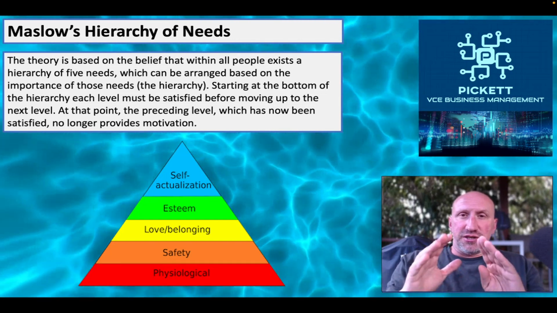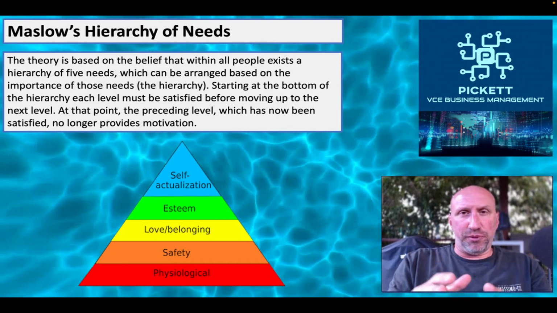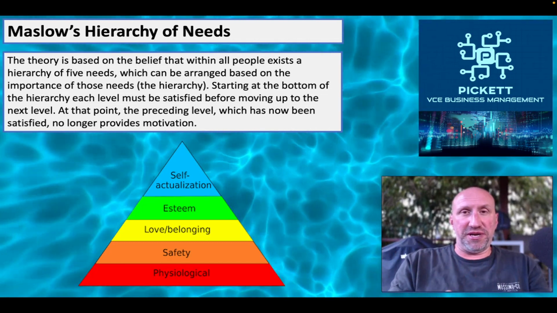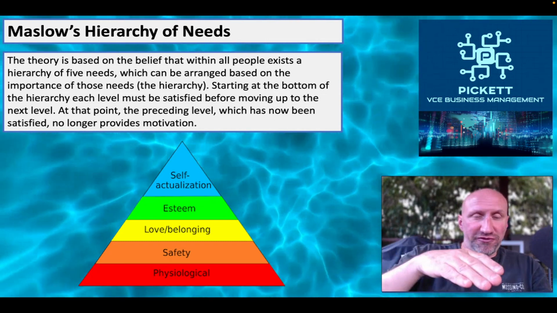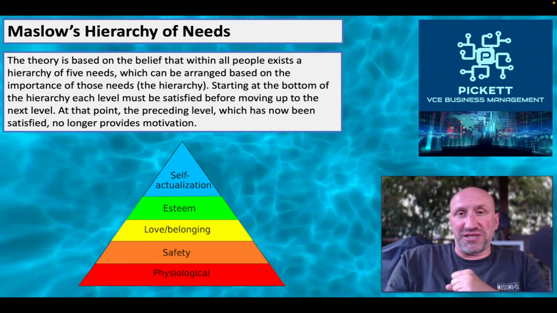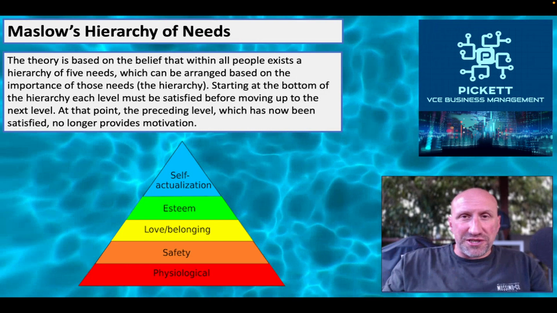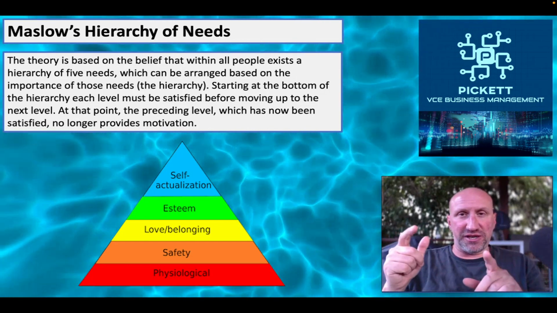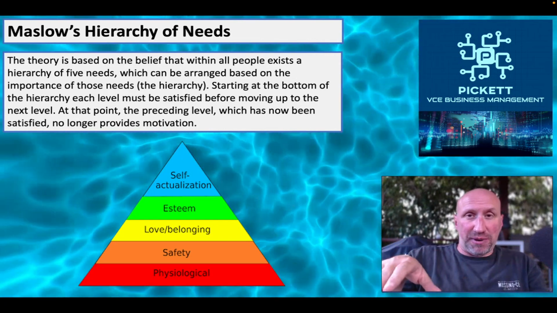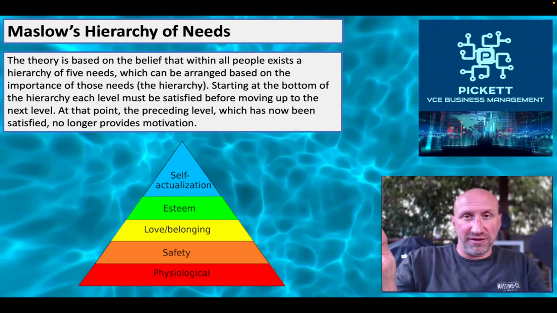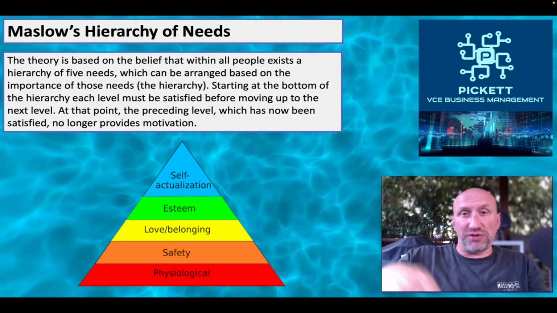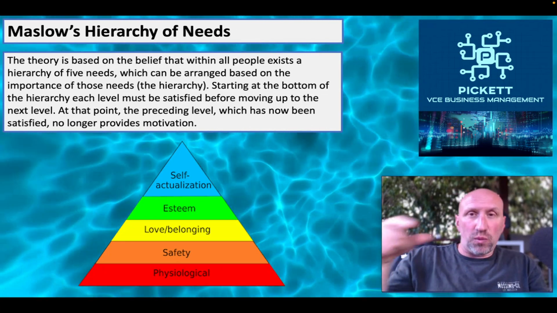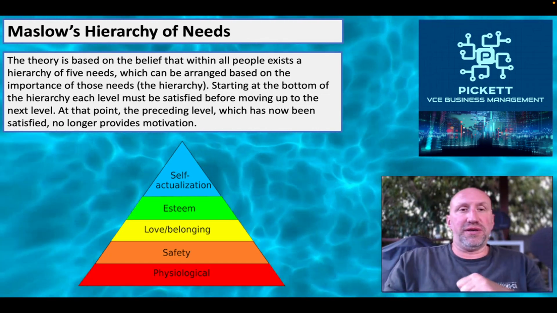So think about that. It's really important that you get this idea that it's a pyramid. You start at the bottom and you move through in the order that you see there. Once you've satisfied one level, that level no longer motivates you, and the very next level above it becomes your main motivator. Once you've satisfied that level, it no longer motivates you, and the one above does, and you move through like that.